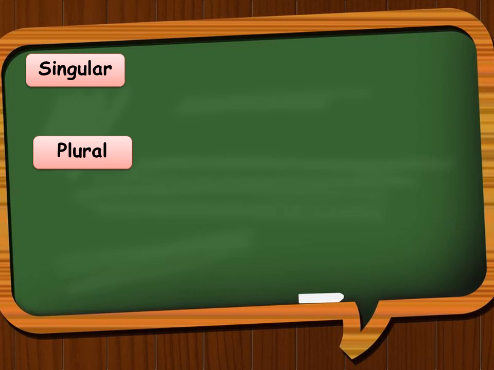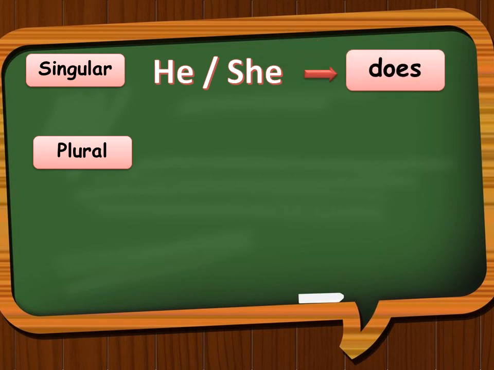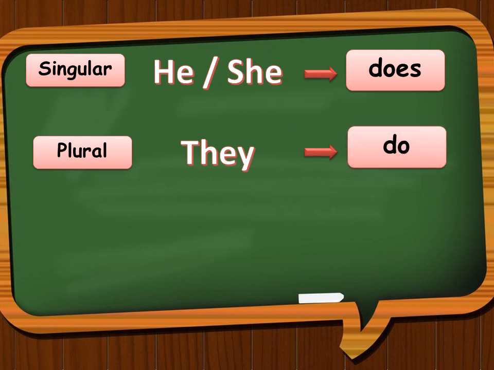If singular, he or she, we will use does, D-O-E-S, does. But in plural form, they, we will use do, as simple as do.